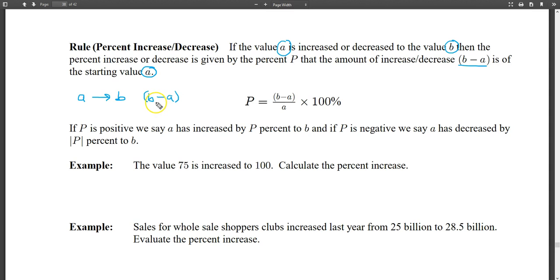And then you want to find the percent that this quantity is of your starting value A. That's going to be your percent increase or decrease.